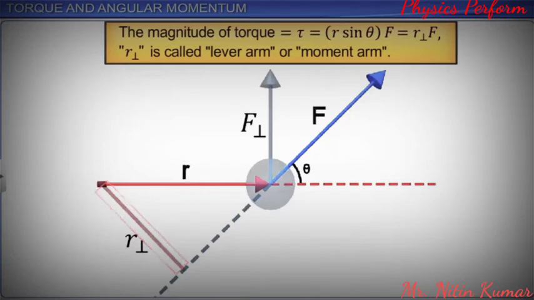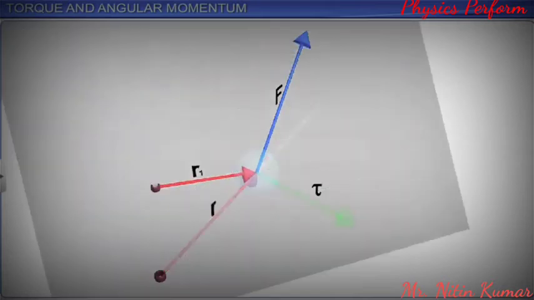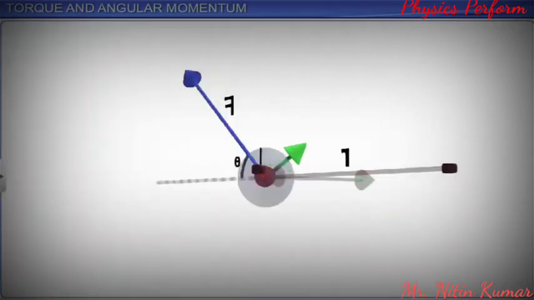Note that the torque defined here is about a specific point, usually called the origin. The torque of the same force about a different origin is different. Hence, identifying the origin is very important.